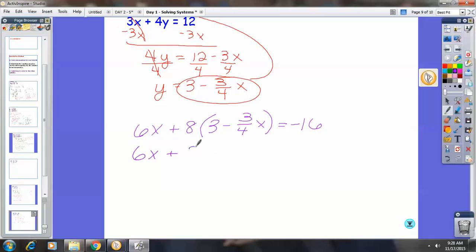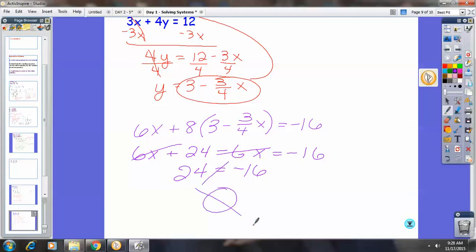Eight times 3 is 24. 8 times negative 3/4 x is negative 6x. 6x minus 6x is 0. Does 24 equal negative 16? It does not. So we would say no solution.